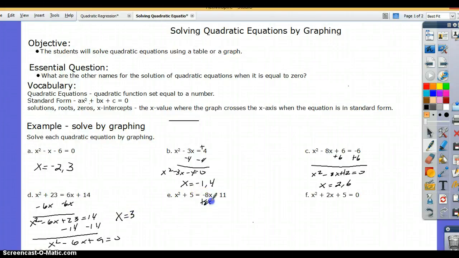Alright, so again here add 8x. So x squared plus 8x plus 5 equals -11. Now we're going to add 11 to both sides. We do that, we get x squared plus 8x plus 16.